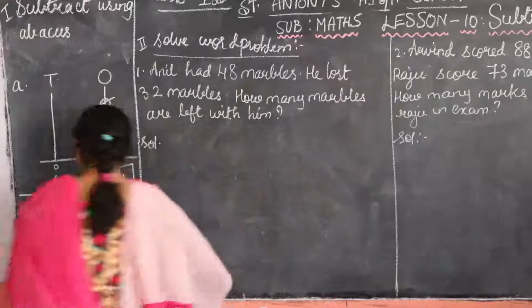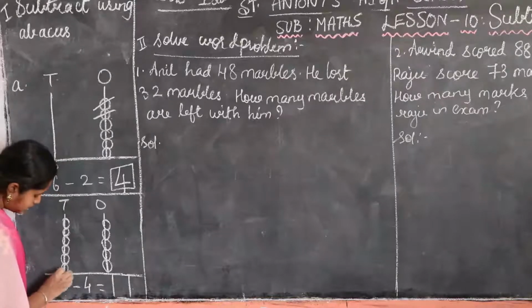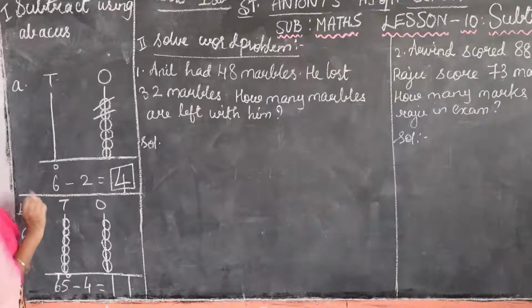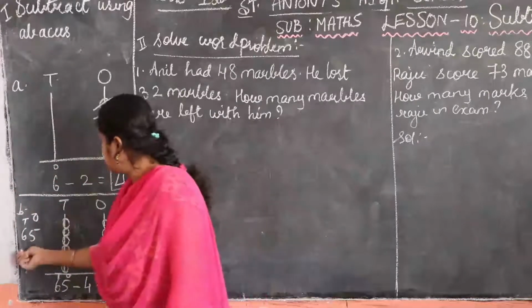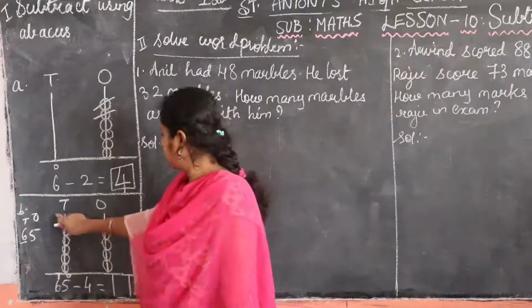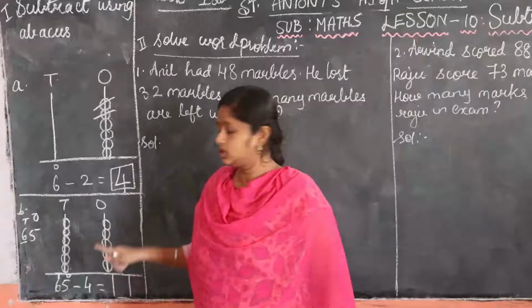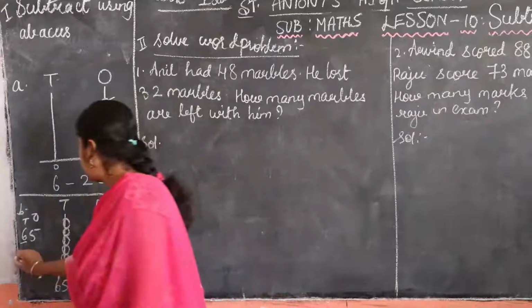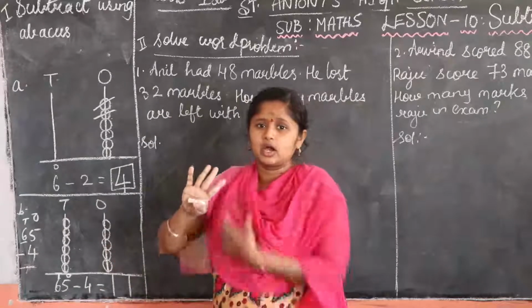So 5 is in the ones place and 6 in the tens place. 65. So 65 minus 4. How many beads do we have to remove?